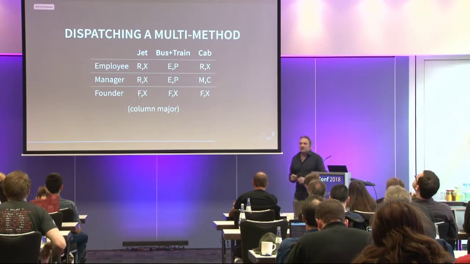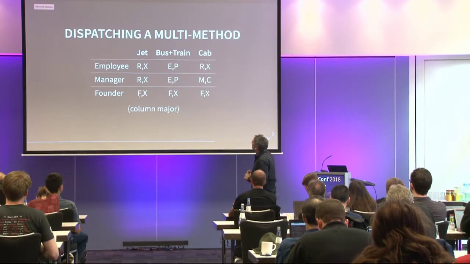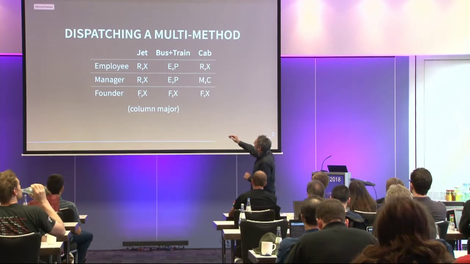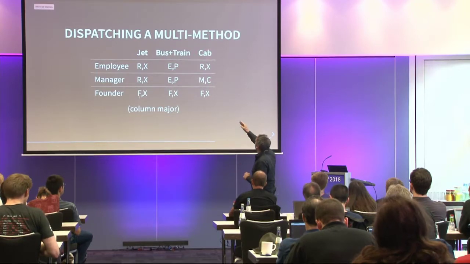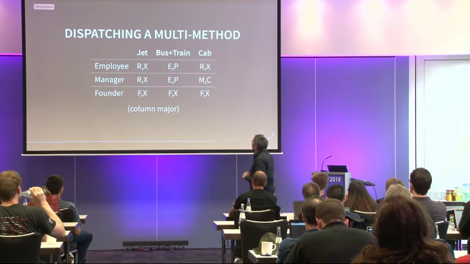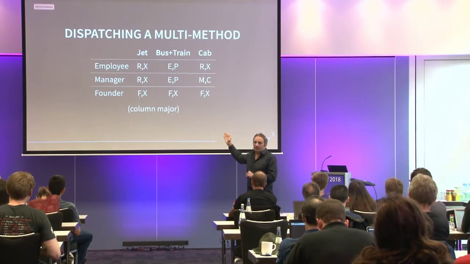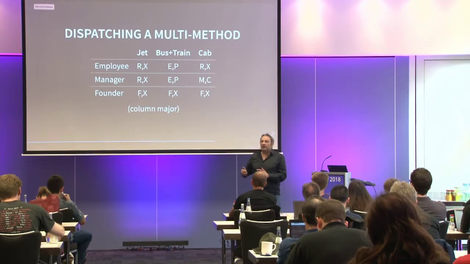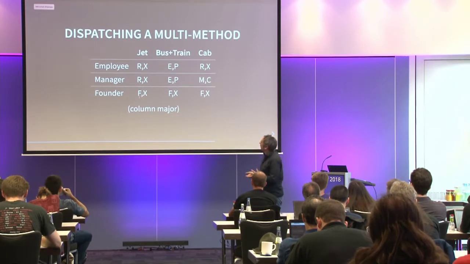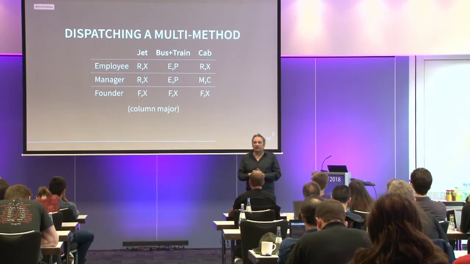This is the dispatch table for our example. So Rx is the specialization that takes a role and an expense, EP, employee, public, and so on. And you see that bus and train share the same column, which is logical, right? Because we never specialized in terms of bus or train. We specialized in terms of public. Okay?